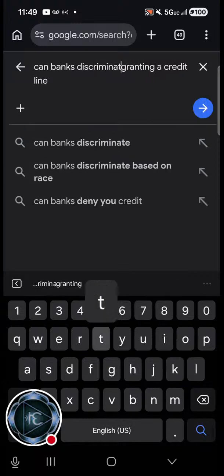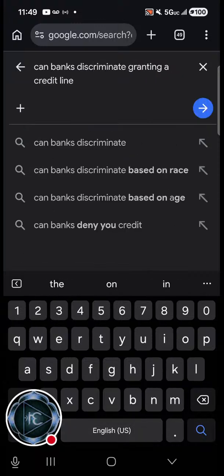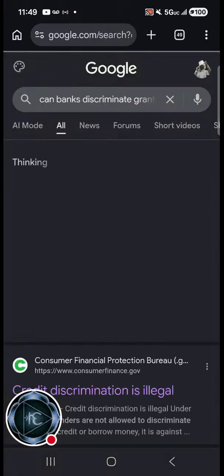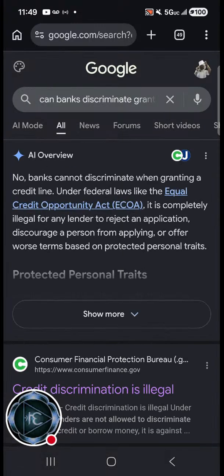Because that's what it is. Let's see what the answer is. No. You see that? And it's completely illegal for any lender to reject an application. You see that?